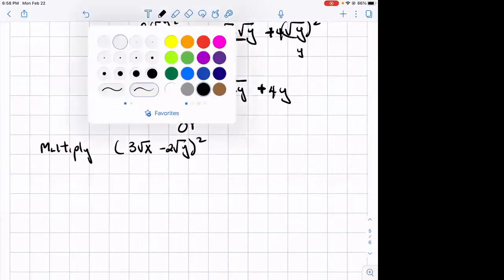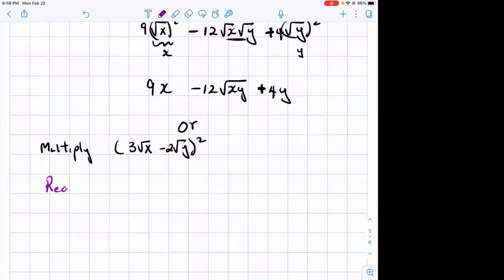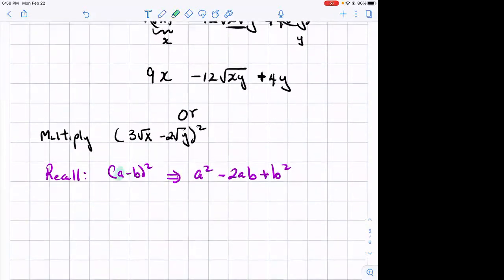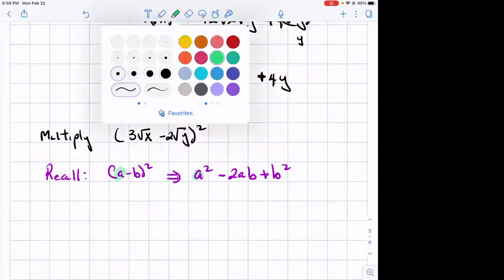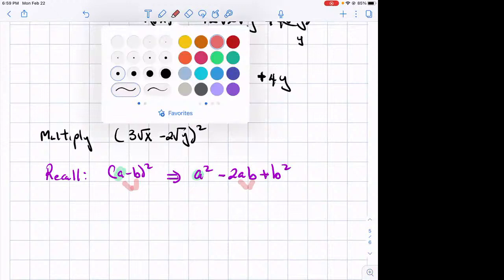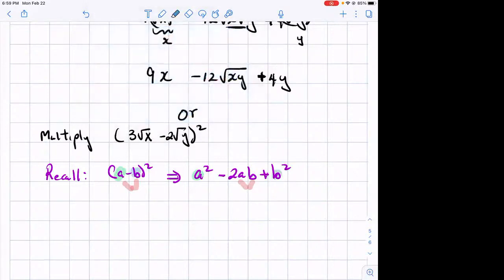If you recall, when you multiply polynomials, if you have a minus b squared, this is equal to a squared minus 2ab plus b squared. Okay, so you take the first term and you square it. Then you multiply the two middle terms by 2. And then you take the last term and you square it.